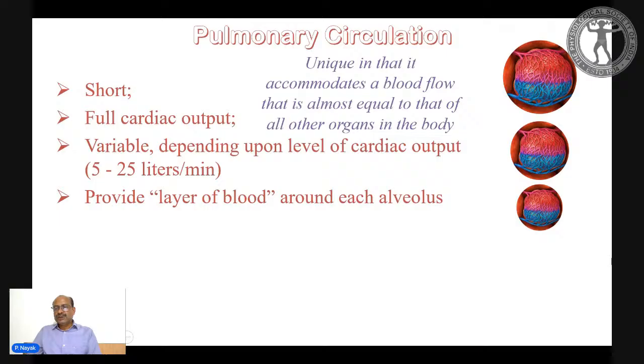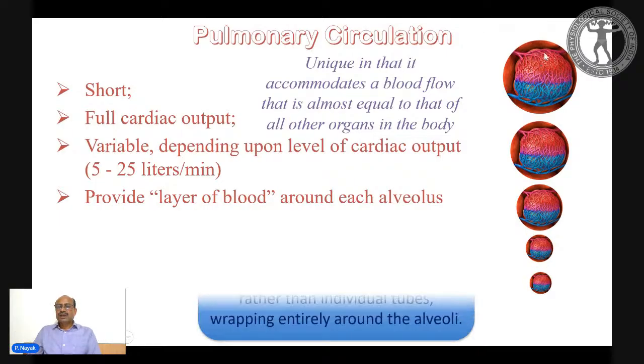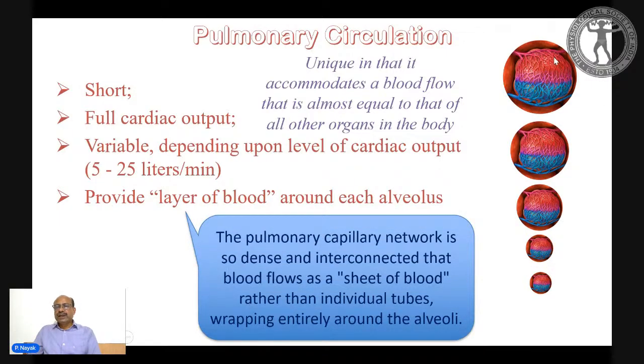What we have seen here looked very much like a network, but at the physiological level it is very small. It is almost a layer of blood, a sheet of blood, rather than individual tubes. Just to explain the capillary density, I have shown it on a larger scale.